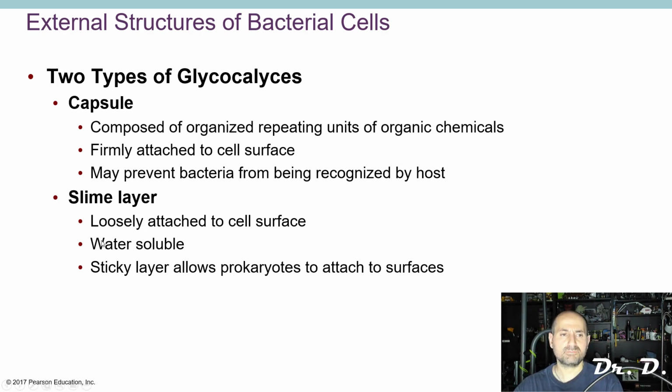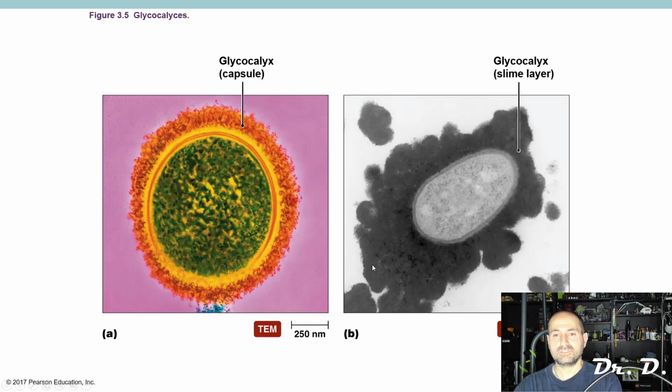So what about slime layers? What you need to know is slime layers are loosely associated with the cell surface. They're loose, whereas capsules are tightly stuck to the cell surface. In fact, slime layers tend to be water soluble. This is a sticky layer that allows the prokaryote to attach to surfaces. Okay, so you can see here the big difference. Here's a capsule.